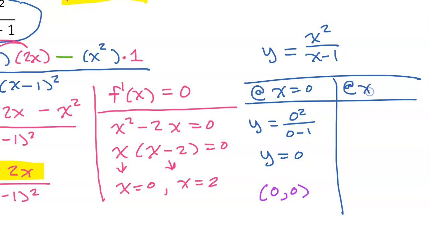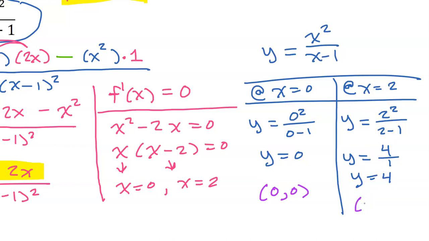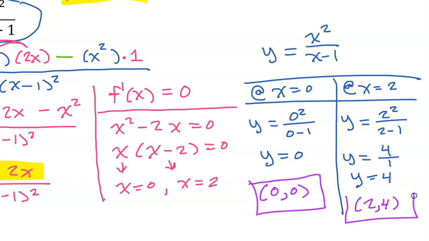At x equals 2, y is equal to 2 squared over 2 minus 1. That's going to give us 4 over 1, which is just equal to 4. Putting this x value with this y value, we get the point 2 comma 4. So these are the two points at which we will have a horizontal tangent line.